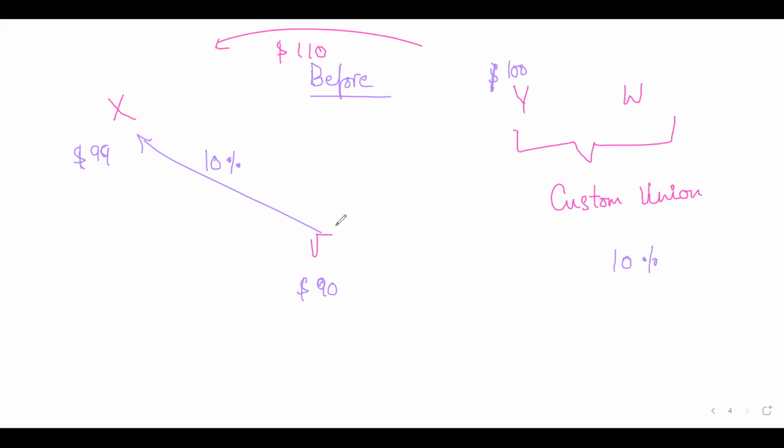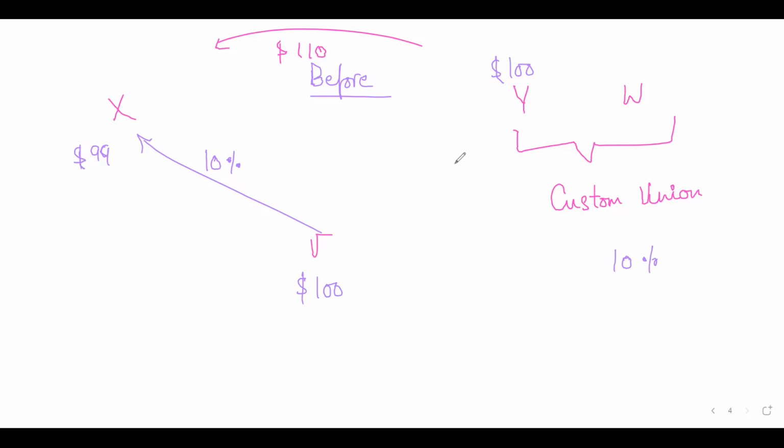But X was importing cars from V. So initially we took the example that the cost of producing cars in V was $100 and in Y was also $100. If the cost of producing cars in both countries had been $100, then technically both of these options would have cost X 110.